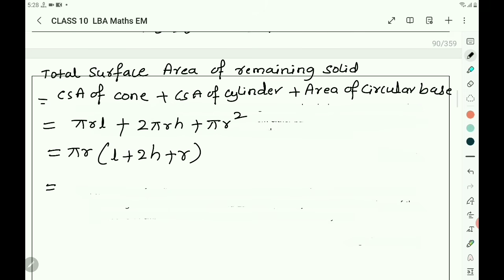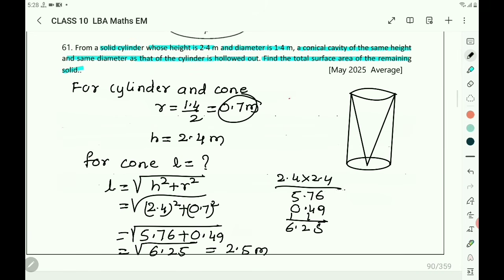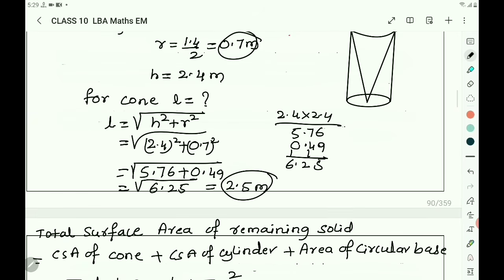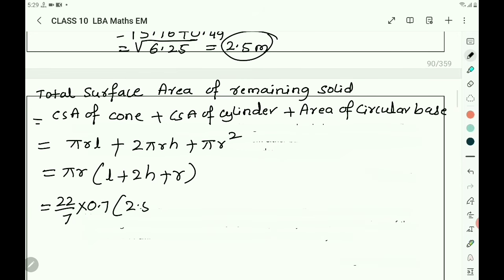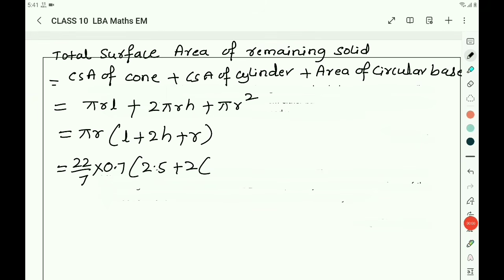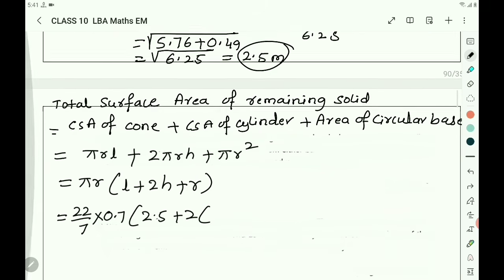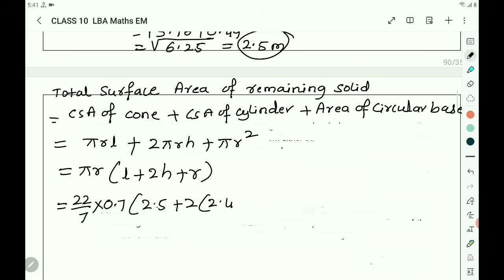Now you write the pi value 22 by 7 and R is 0.7, into L, L is 2.5 meter, plus 2 into H. H is the height of the cylinder. Height of the cylinder is the same as the height of the cone, that is 2.4. 2 into 2.4 plus R, R is 0.7.